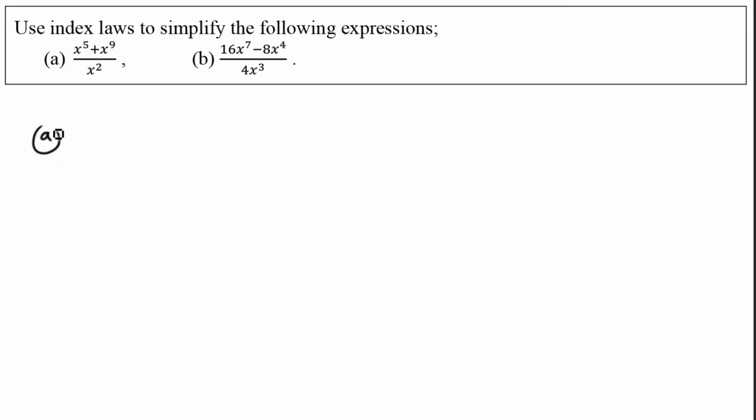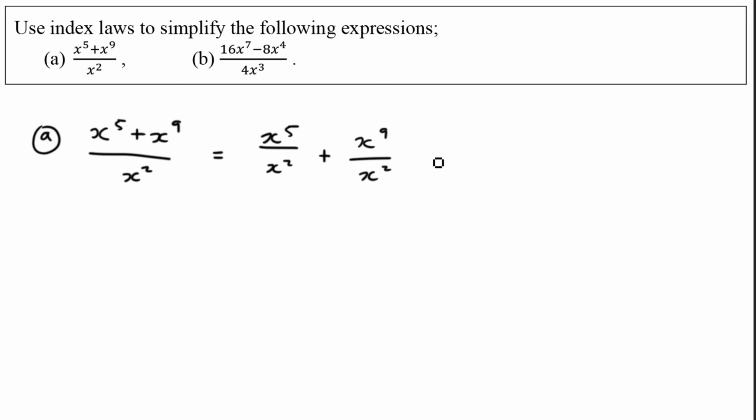So in part A, when we have (x to the 5 plus x to the 9) divided by x squared, the best thing we could do is to split that into two fractions, x to the 5 over x squared and x to the 9 over x squared, because our division stroke subtraction law tells us that x to the 5 divided by x squared is x to the 5 subtract 2, which is x cubed, and that x to the 9 divided by x squared is x to the 9 subtract 2, which is x to the 7.